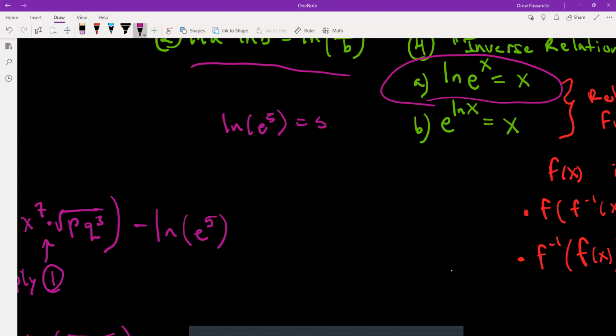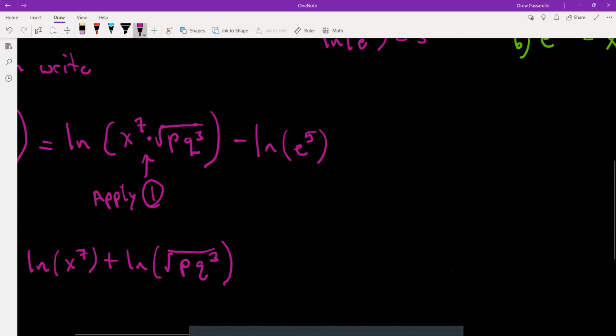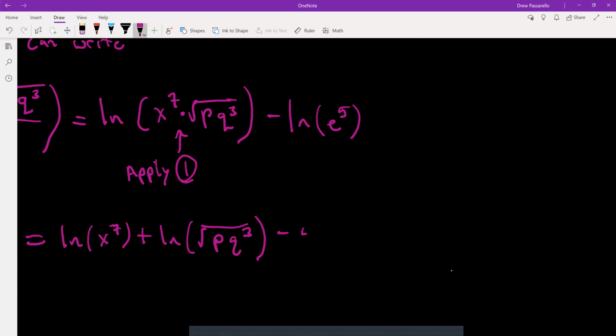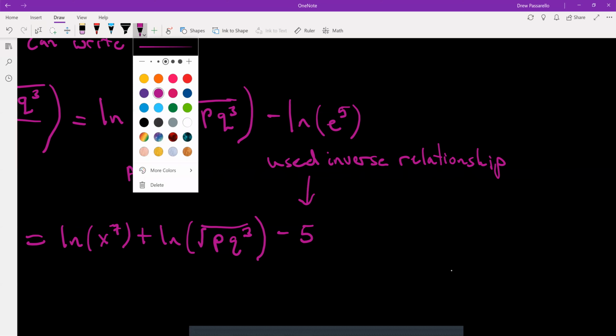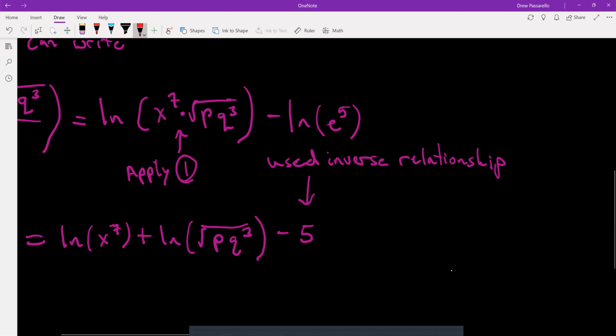It just becomes 5. So this would be minus 5. So I used the inverse relationship. All right, that's where the 5 comes from. Essentially since they're inverses, the natural log and the e cancel each other out, so you're left with just the exponent.